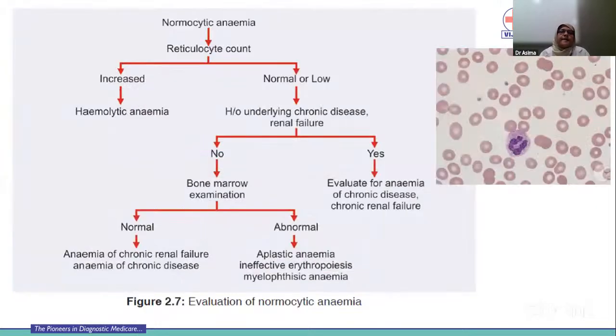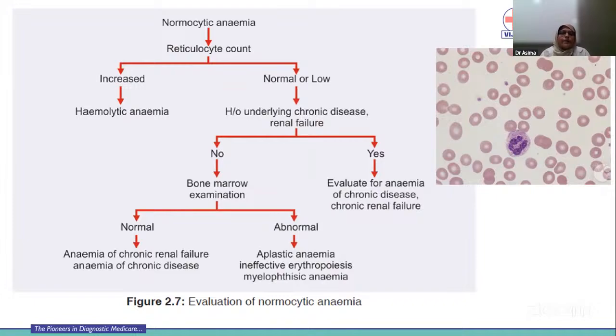For normocytic anemia, first we go through this based on the retic count. If it is increased, then we know that it is hemolytic anemia. If it is normal or low, there may be underlying chronic disease like renal failure, etc. If there is no underlying disease, then directly we can go in for the bone marrow examination. If there is underlying renal disease or any disease, then we can evaluate for the disease.